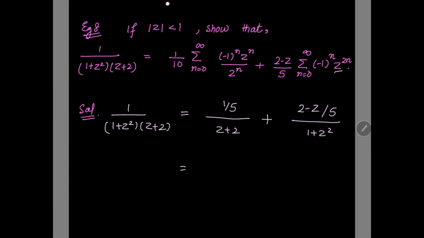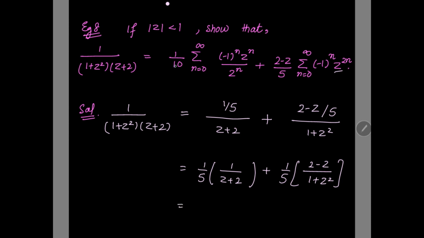Now taking this 1 by 5 as like this, 1 over z plus 2, plus taking this 1 by 5 as 2 minus z over 1 plus z square.